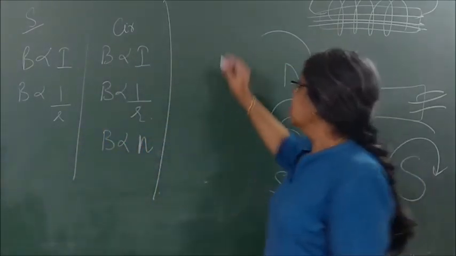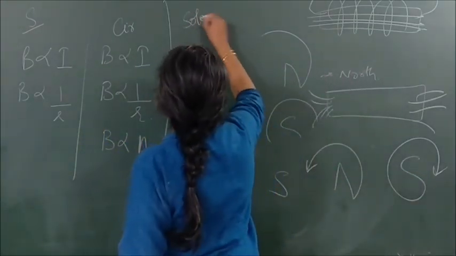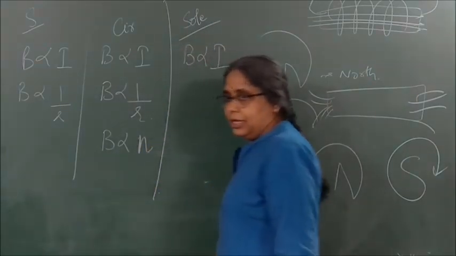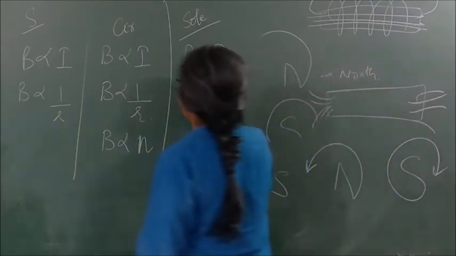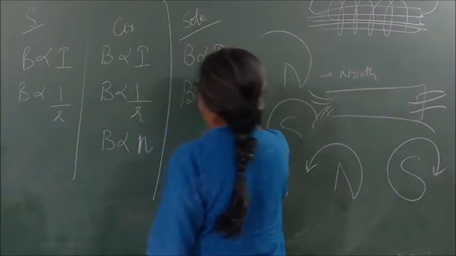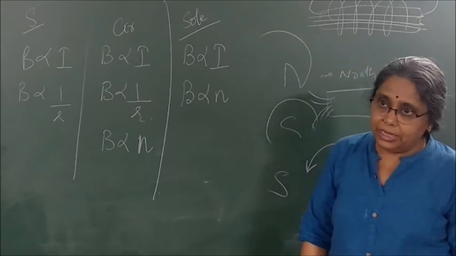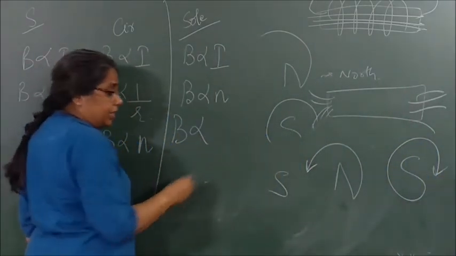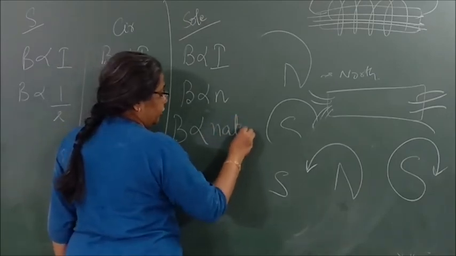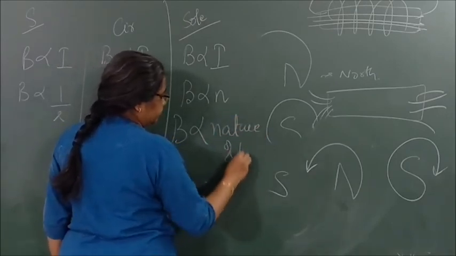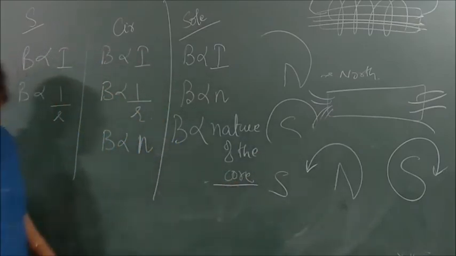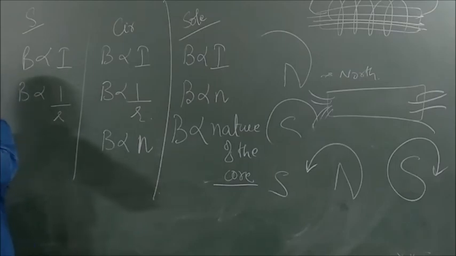Fine. Now for the solenoid. Increase the current, the magnetic field increases. Increase the number of turns of the copper wire, the magnetic field increases. The last one, the magnetic field here depends upon the nature of the core, the material on which the copper wire is wound.